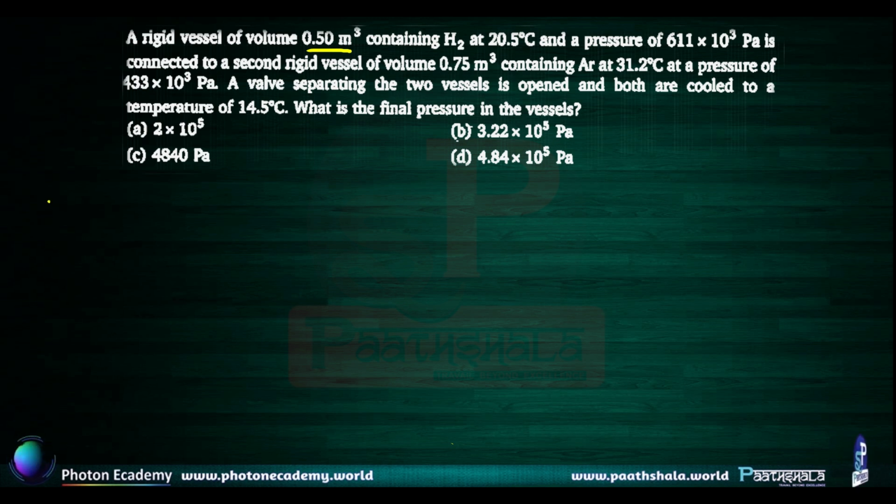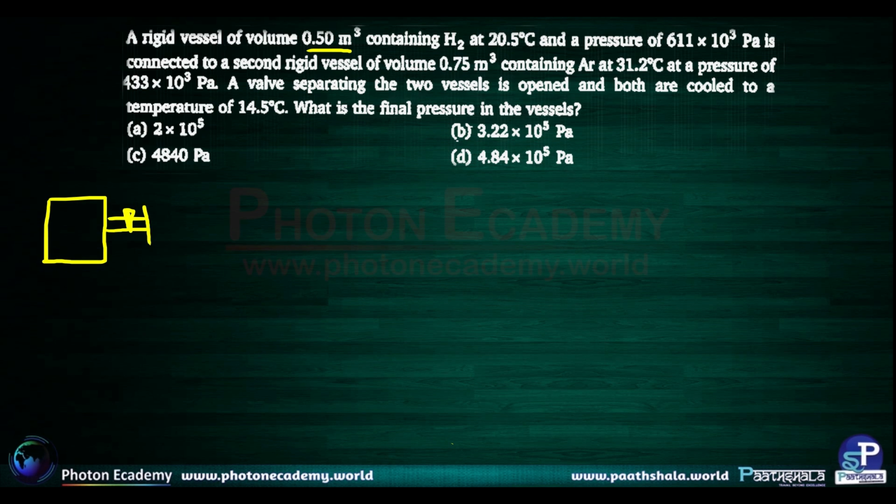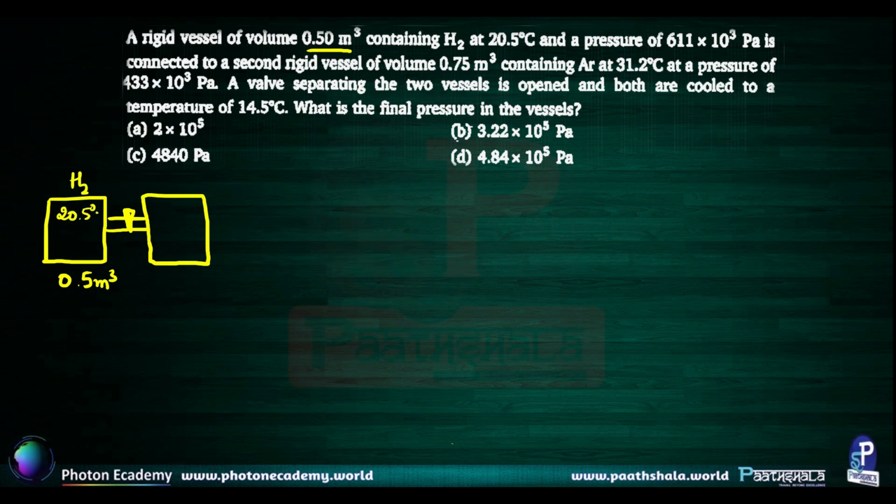Let's analyze what the situation is like. Let's say this is our container number 1. There is a valve in here and this is our container number 2. Container number 1 has a volume of 0.5 meter cube and it has hydrogen at a temperature of 20.5 degrees Celsius and pressure of 611 into 10 to the power 3 pascals.